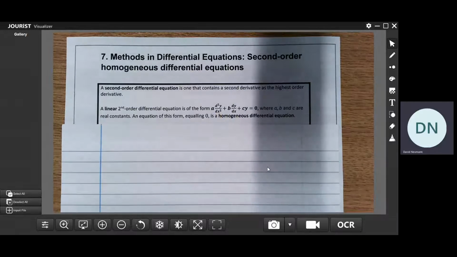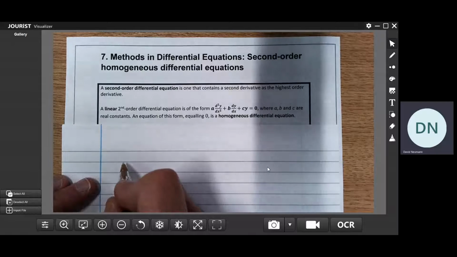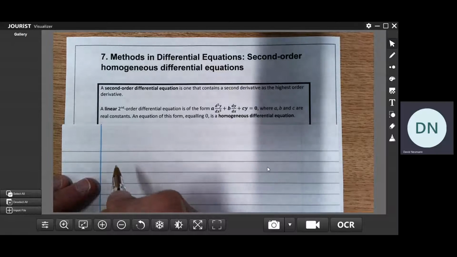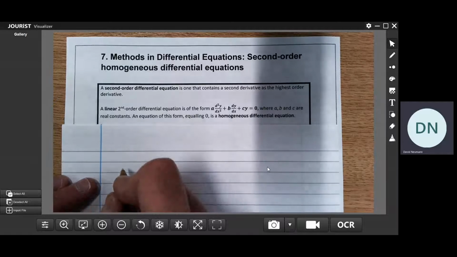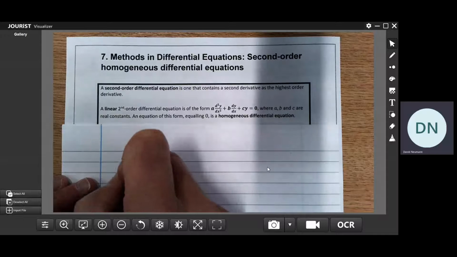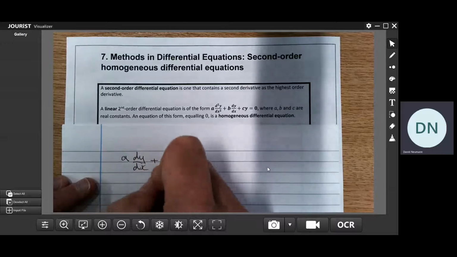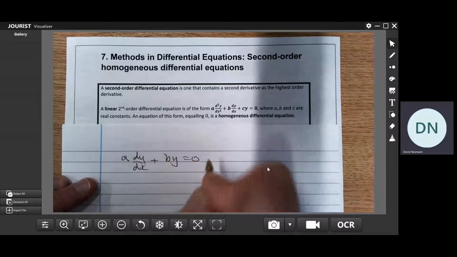Now, before we go on and solve these, we're just going to go back and consider what a linear first order differential equation would look like. So that is of this form: a dy by dx plus by equals 0.